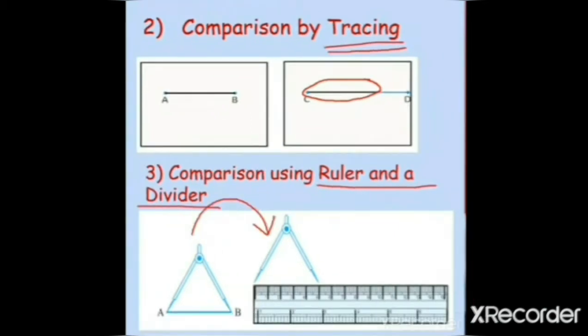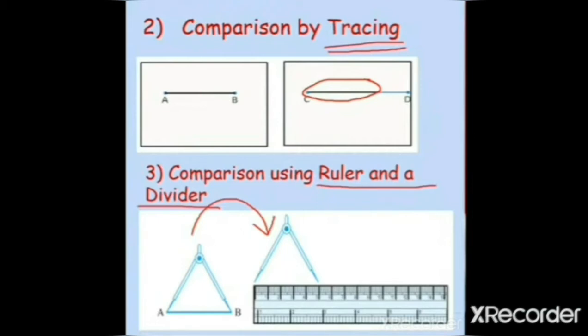How can we compare line segments using ruler and divider? Open the divider. Place the end point of one of its arms at A and the end point of the second arm at B, taking care that opening of the divider is not disturbed. Lift the divider now and place it on the ruler.